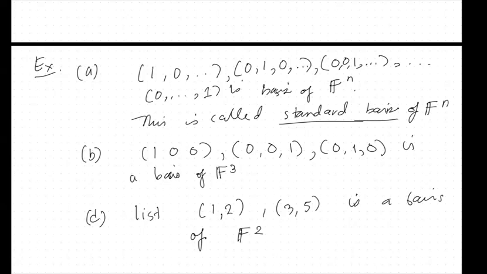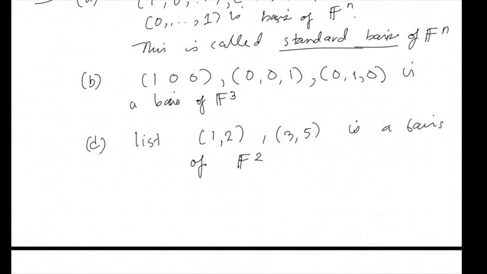Considering F^2 being R or C, we cannot multiply (1, 2) with some real number so that it will give us (3, 5). We cannot find a lambda such that lambda times (1, 2) is equal to the ordered pair (3, 5).